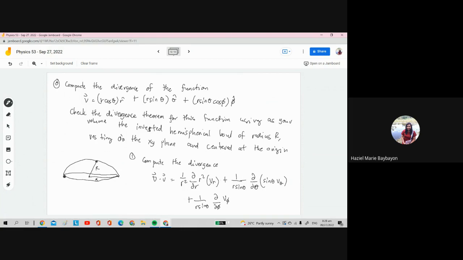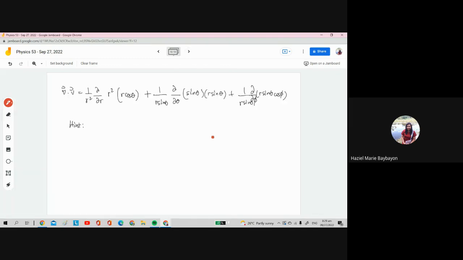Now, for your volume integral, the radial component is from 0 to r, and the polar component is not 0 to 2 pi, because it is not the whole sphere. It goes from the positive z-axis toward the circular surface at the bottom. That is half of 180 degrees, which is 90 degrees, or in radians, pi over 2.